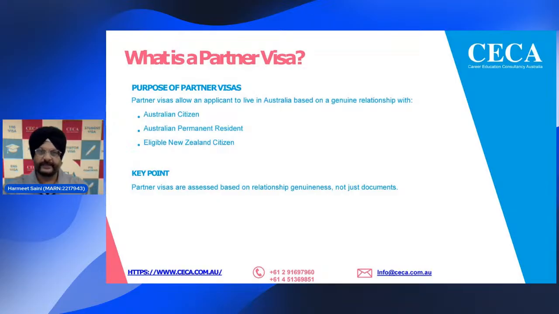If your partner is one of these, then you can lodge a partner visa on the basis of your eligibility criteria, and it also depends upon your genuine relationship with such a sponsor. The most important thing is that partner visas are assessed based upon the genuineness of the relationship. Documents are evidentiary to show this relationship, but the genuine relationship is quite important.